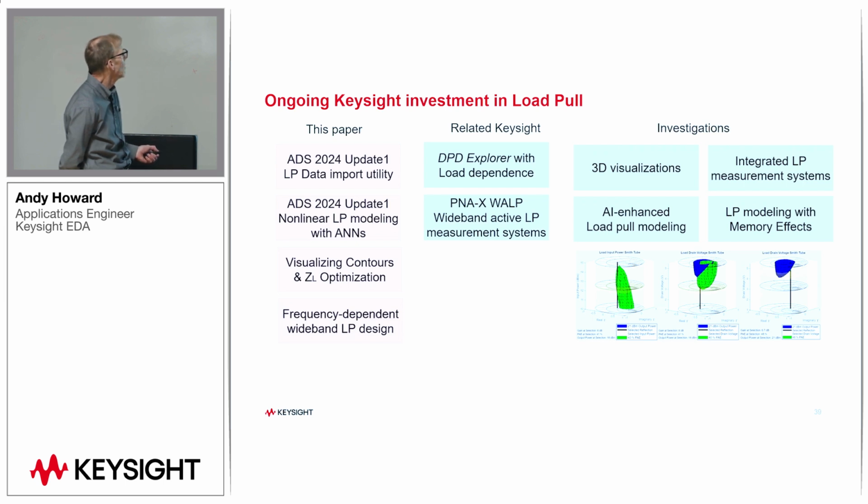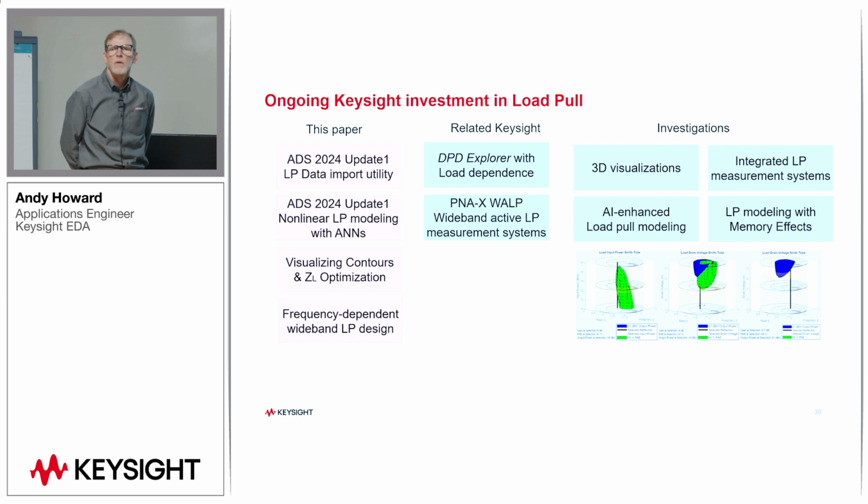From what you described, it sounded like it can generate a nonlinear model if there are phase and tuning information provided. Right. And also it sounds like if there are multi-frequency data, then the model is going to be able to predict over frequency. Yes. What about the device size? Like, for example, a conventional scalable nonlinear model? Because a lot of times, for MMIC designers, how to scale the device size is also one of the variables for the PA design.